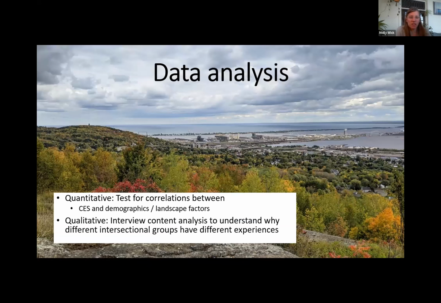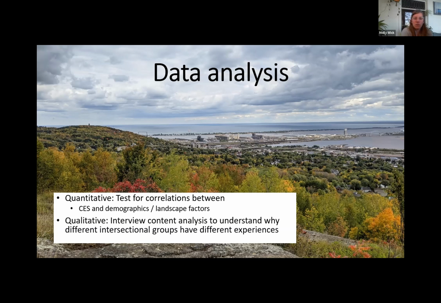So it's a mixed methods approach, and so my data analysis will reflect that as well. And I will analyze the survey data more quantitatively and test for correlations between cultural ecosystem service experiences and demographics, and cultural ecosystem services and landscape factors.